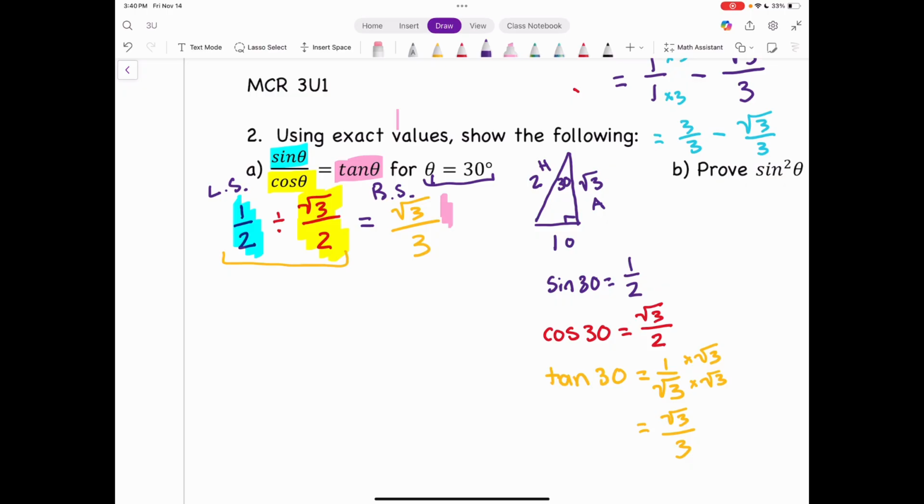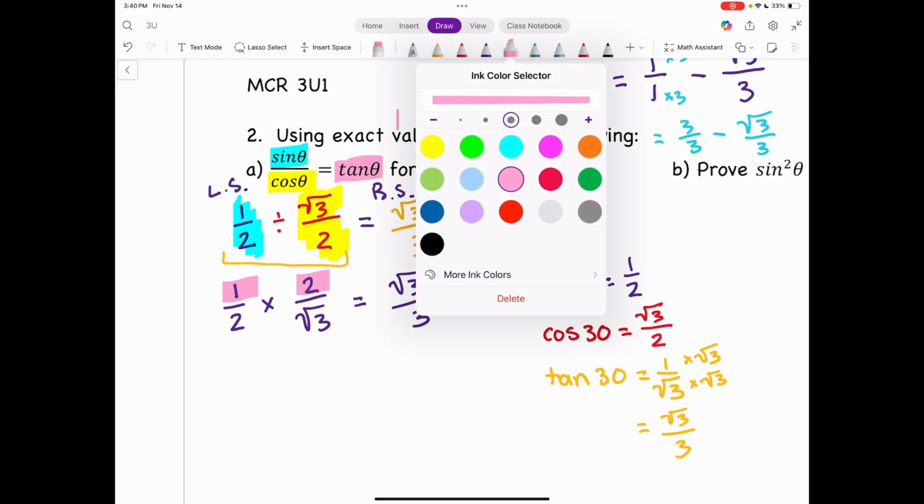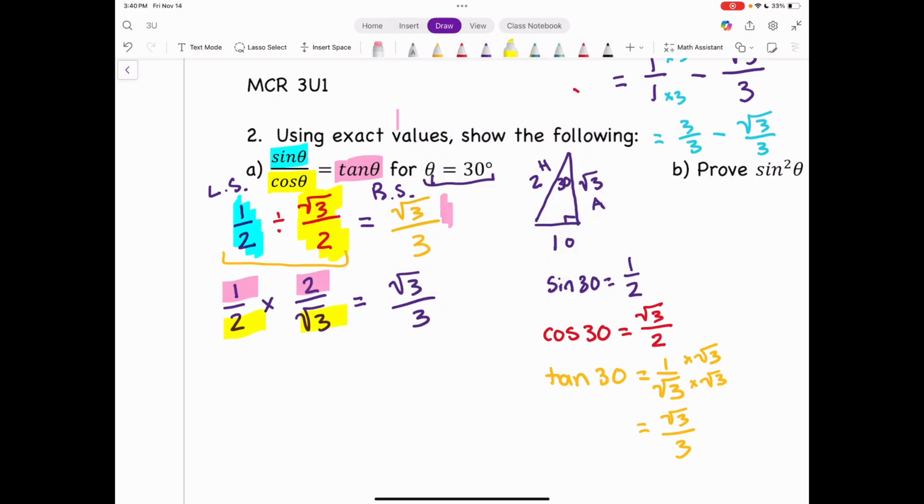So because we're dividing fractions, we go ahead and do keep, change, flip. So keep 1 over 2, multiply by 2 over the square root of 3. We go ahead and multiply numerator times numerator and denominator times denominator. Okay, 1 times 2 gives me 2. And 2 times the square root of 3 gives me 2 times the square root of 3.